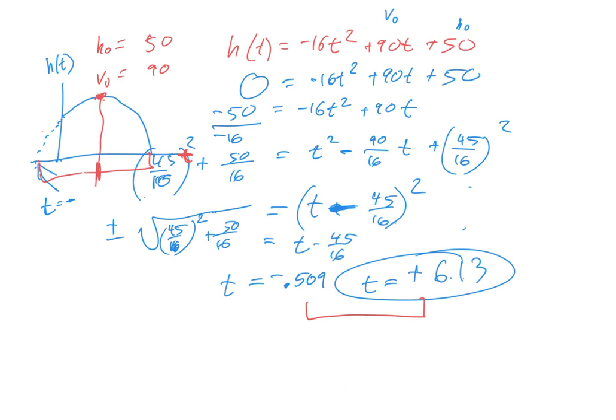So if I find the average of those two numbers, 6.13 plus negative 0.509, and then divide by 2, the halfway point between the two roots is 2.81. So at time 2.81, it will be at maximum height.